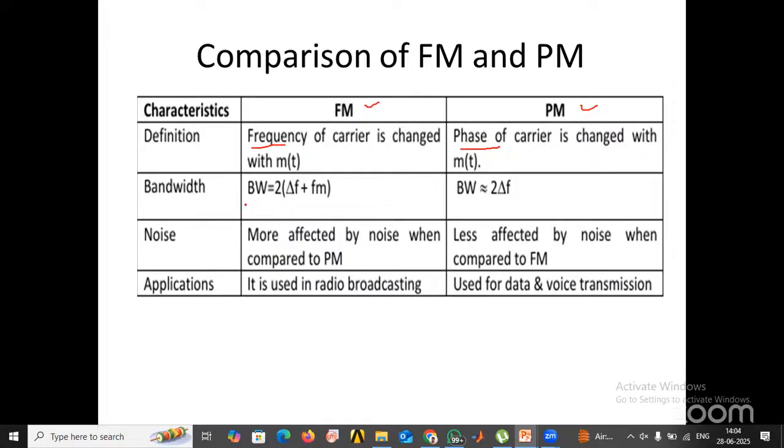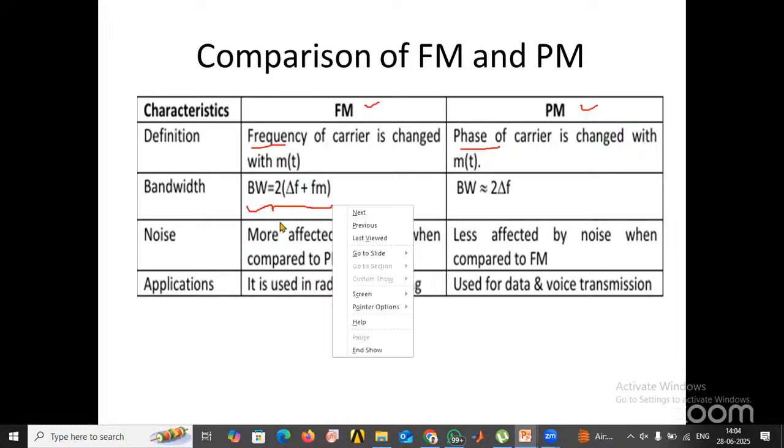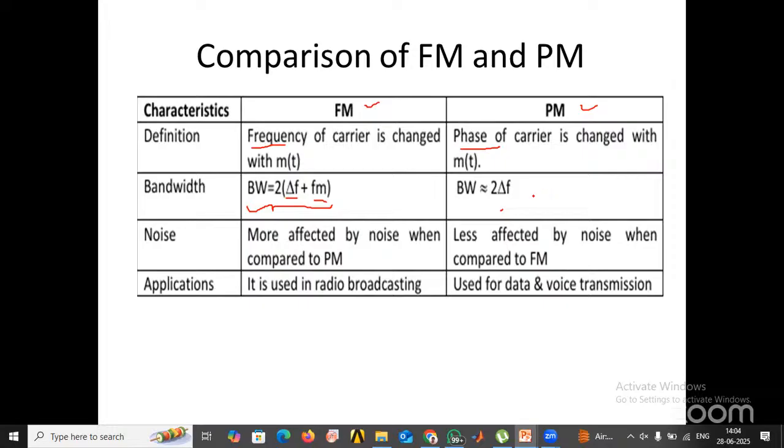In case of bandwidth, for frequency modulation, this is an approximated bandwidth: bandwidth is equal to 2 into (delta F plus fm), where fm is the modulating frequency and delta F is the frequency deviation. In case of PM, the bandwidth is approximately equal to twice the frequency deviation, and it is almost equal to narrowband FM.